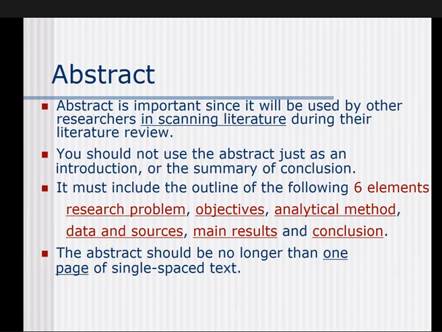That one is a must. The data and data sources, you have to indicate that, where it is primary data, where it is secondary data, and the sources, it has to be indicated. And then the main results, the key results, should be in the abstract. And the conclusion must be in the abstract. You may add other stuff, but these 6 must be there.